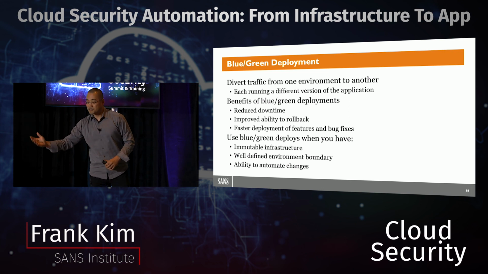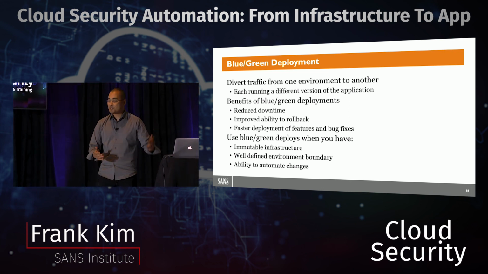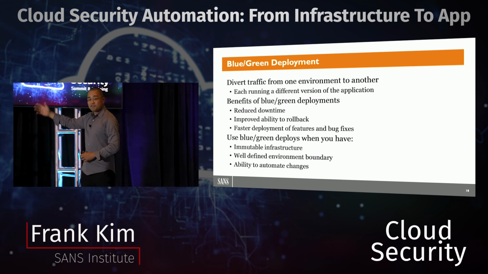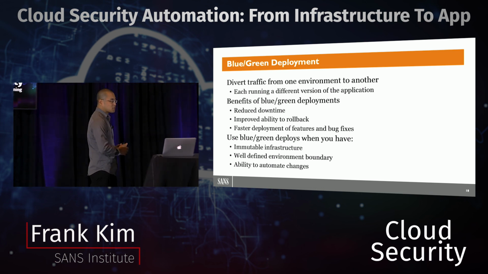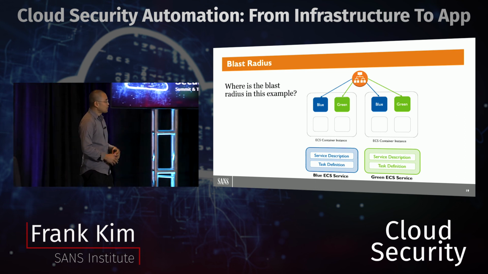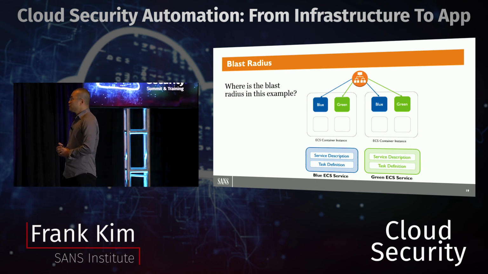And when you were running your own data center, whether it be colo or your own fully managed data center, that's time-consuming, that's expensive. It takes a lot of people to actually do that. So by leveraging what we have from an immutable infrastructure as code perspective, we can ideally do faster, quicker, easier blue-green deployments.